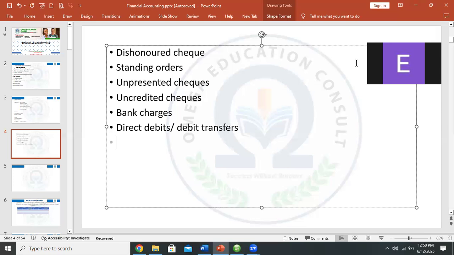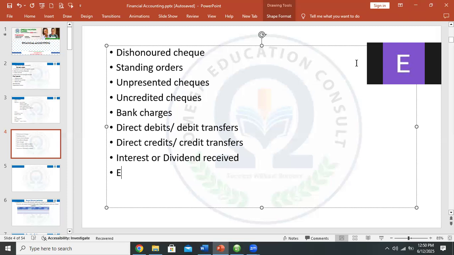Then we have direct credits or credit transfers. We also spoke about interest or dividend received.